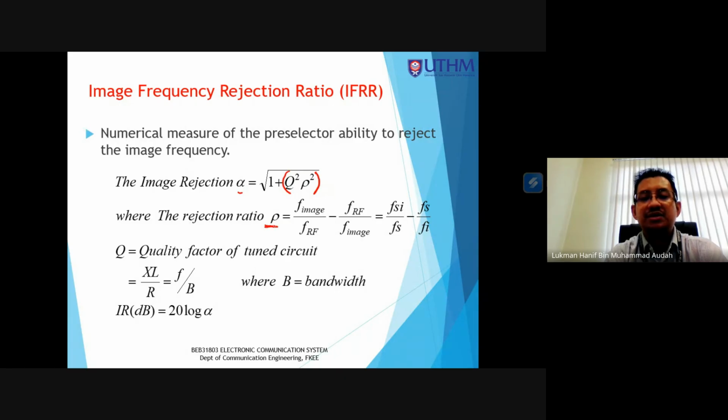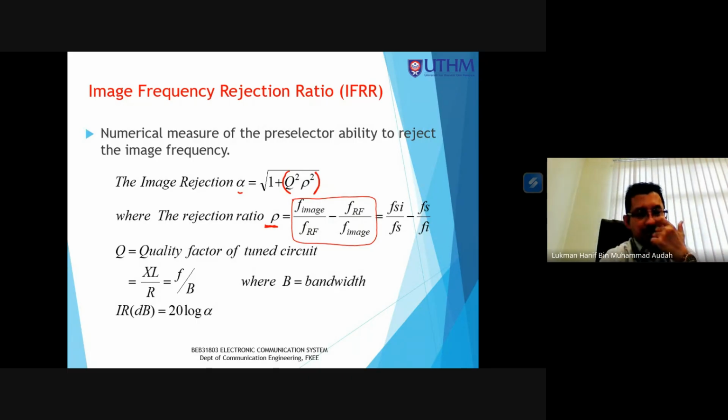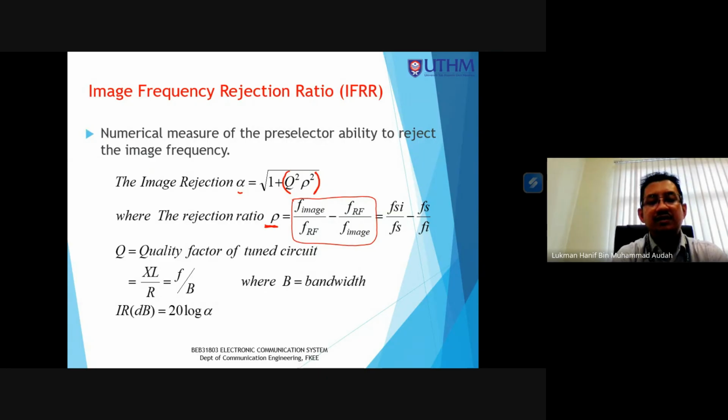The rho parameter here is the image frequency divided by the RF frequency, minus FRF divided by F image. This one. So the rho parameter is a unitless parameter.